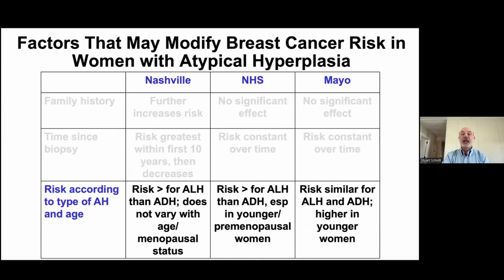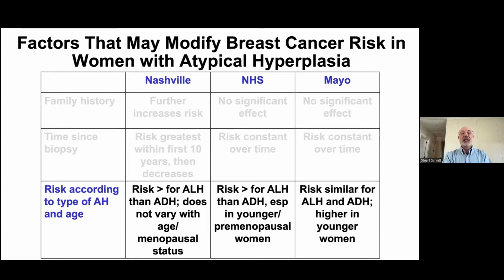In contrast, in the Nurses' Health Study, they also found that the risk was greater for atypical lobular than ductal hyperplasia, but this was especially true in younger or premenopausal women. And in the Mayo Clinic study, the risk was similar for atypical lobular and ductal hyperplasia, and this was higher in younger women. So again, there's no real resolution to this issue.